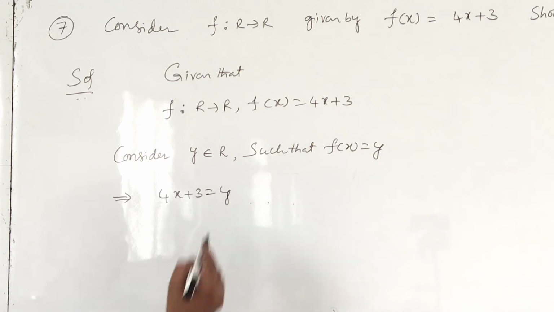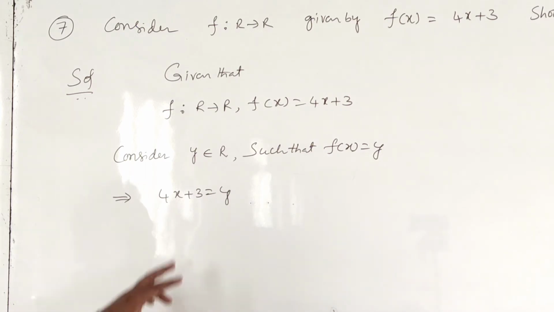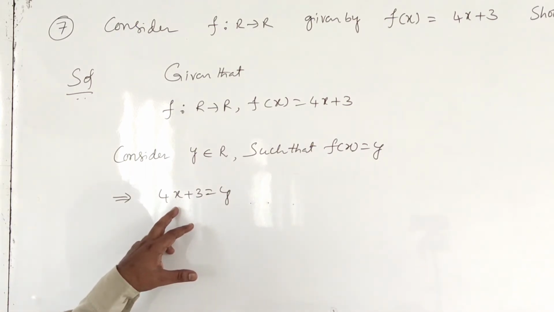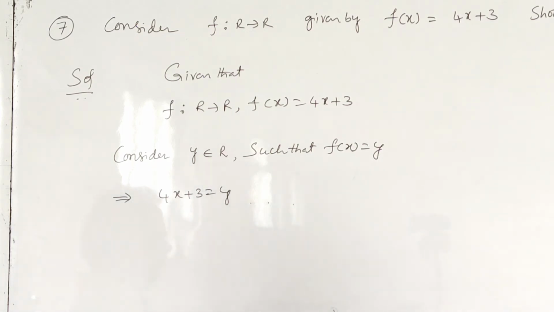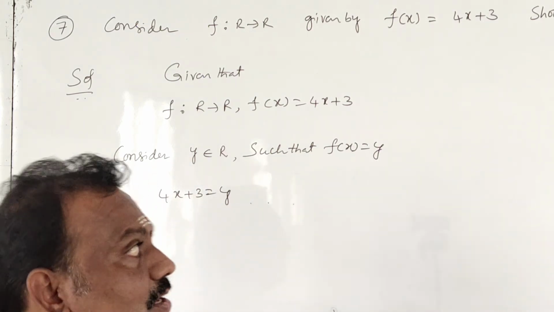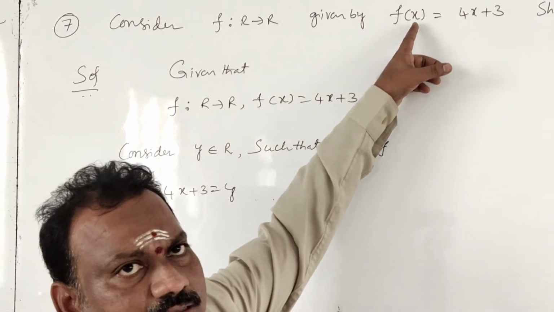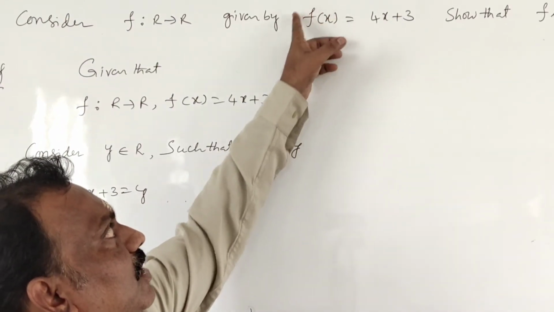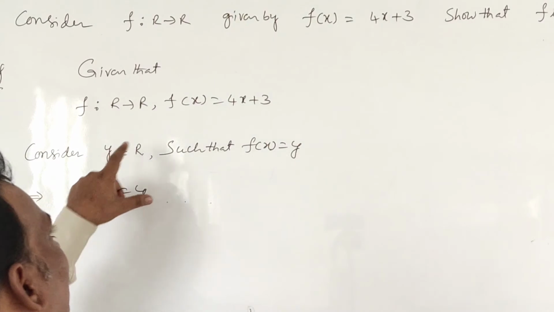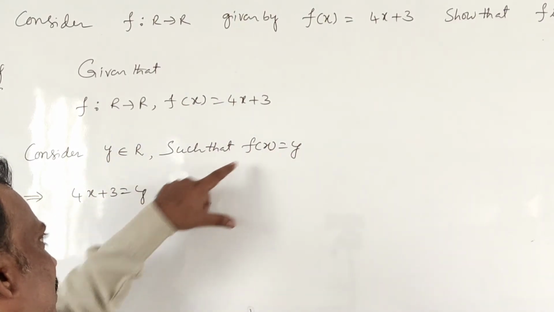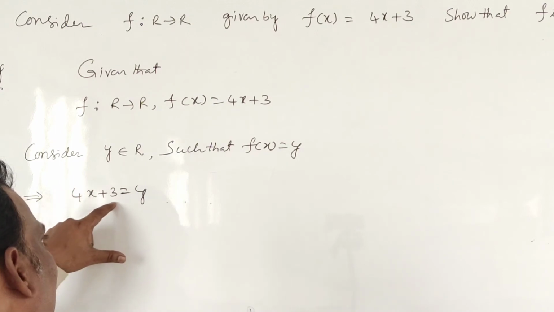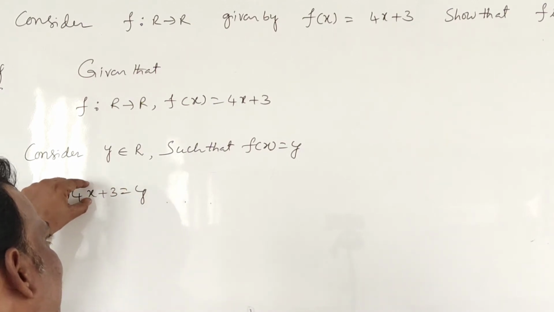So this is step 1. I told you when going to step 2, we have to make the x value the subject. That means you have to write the x value in terms of y. That is the new function g. So this is the given function of x. This function we are treating as y, or it is f of x. So all the values are in terms of x. The y value is in terms of x.